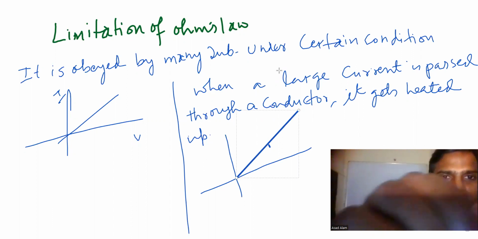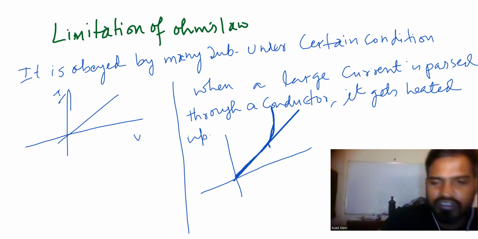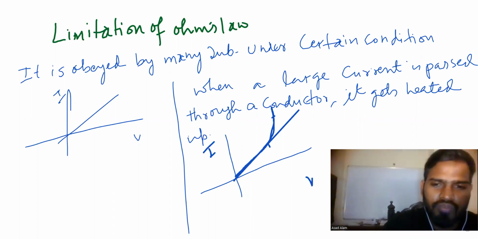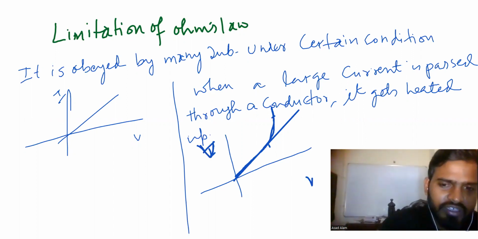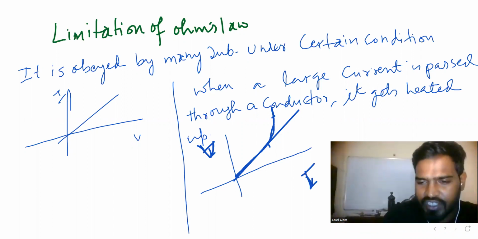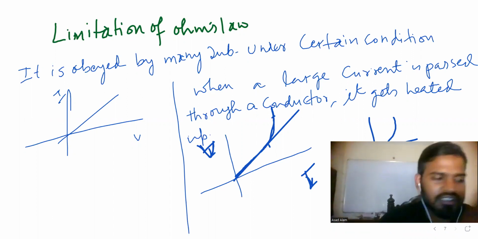It was supposed to go like this, but it will go like this, right? So this will be the original V and I curve. For a PN junction diode, that is also a non-ohmic curve. So it is going to be like this.